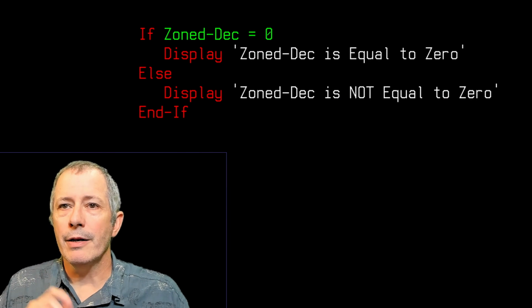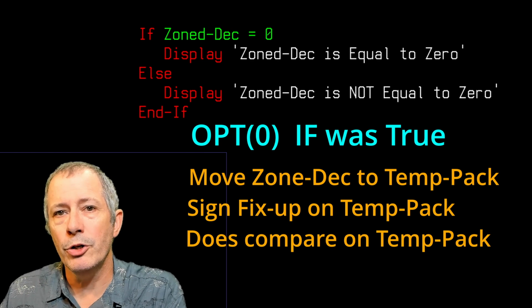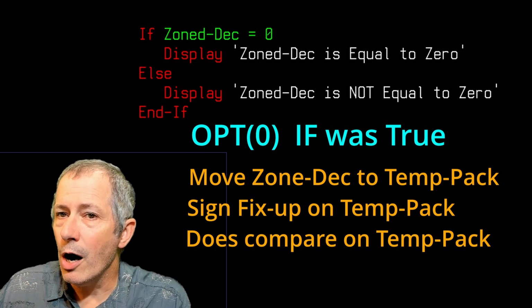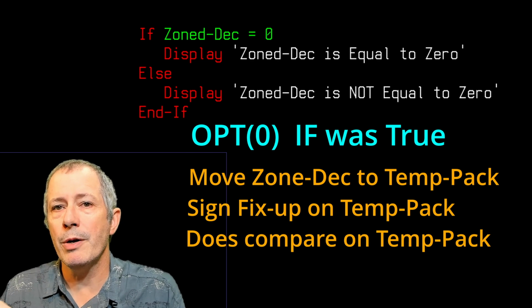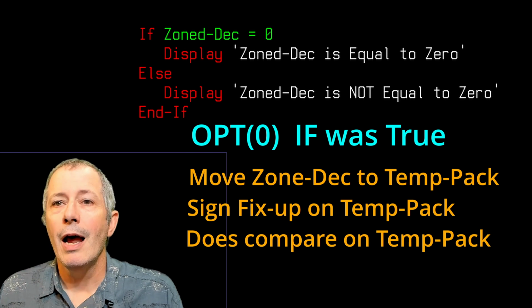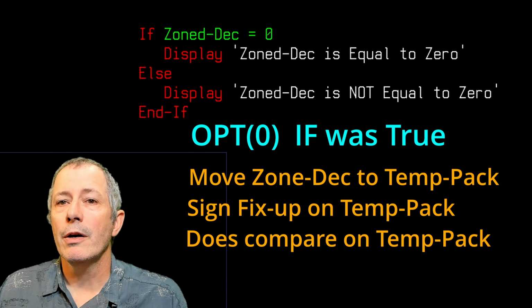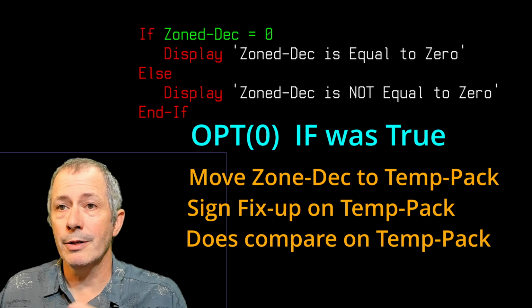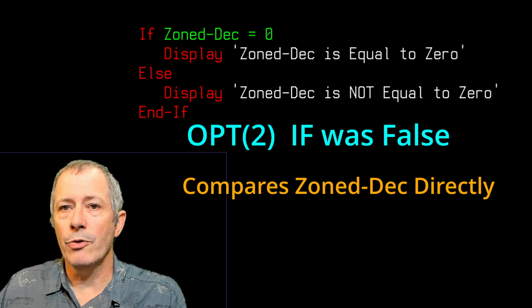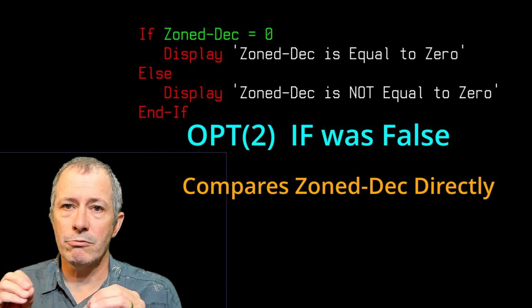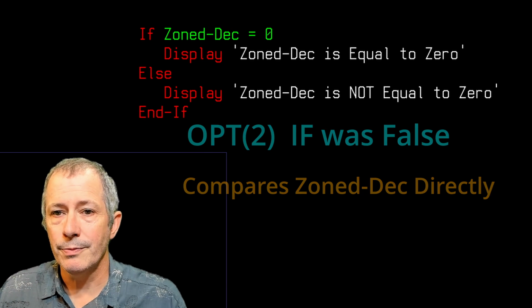That is why the if zone decimal equals 0 was true when OP0 was needed to compile the program. The non-optimized code moved the zone decimal to a temporary pack decimal work field, and the sign nibble was corrected in the temp field. The comparison was made using the temporary field. The fully optimized version of the code compared the zone dec field directly. Thus, no sign correction logic was introduced.